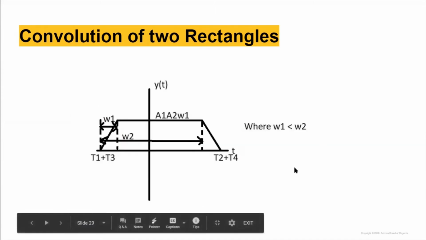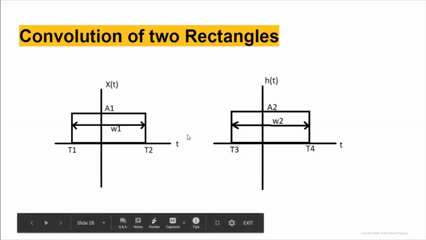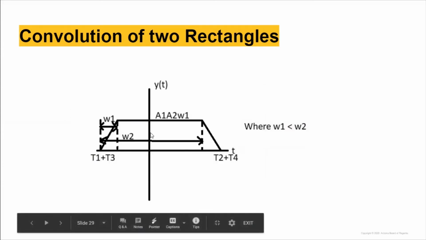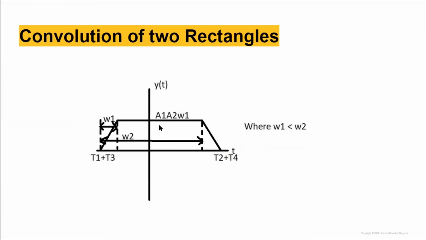Basically, this is it. You take a look at both of them, and you look at the widths of both rectangles. That's your W1 and your W2. Whichever width is the smaller of the two, we'll say in this example it's width 1, we take note of that, and we use that to calculate the height of this new shape.